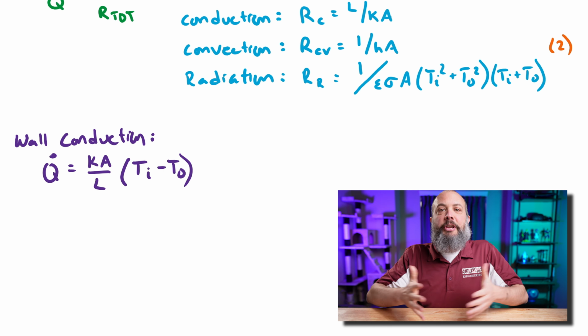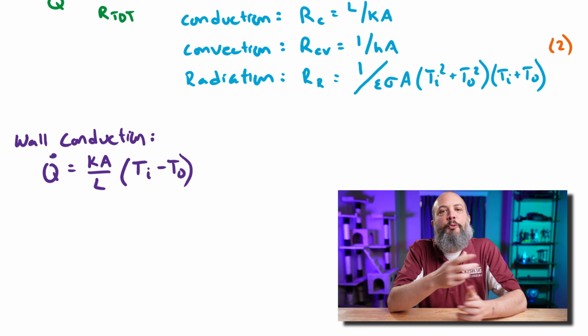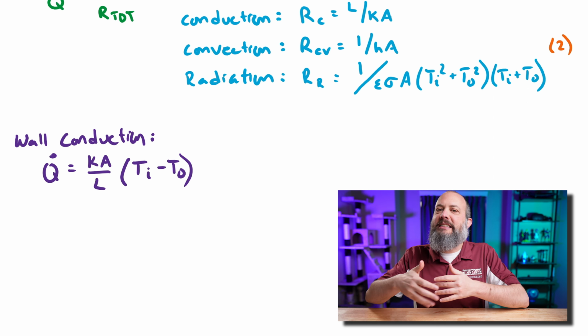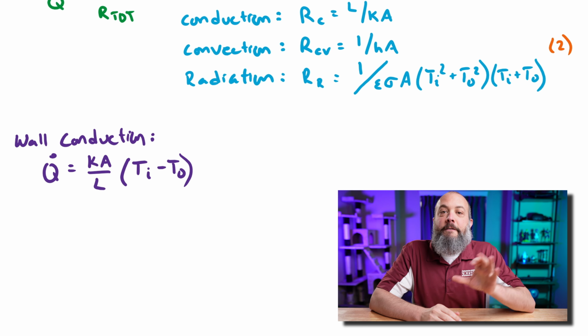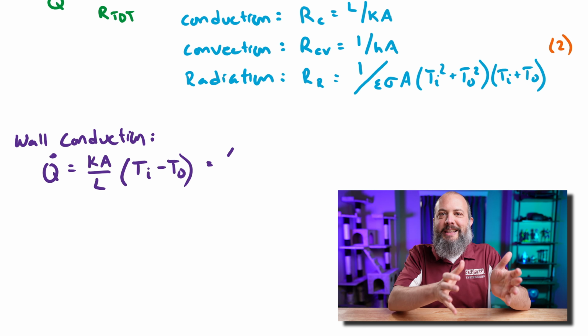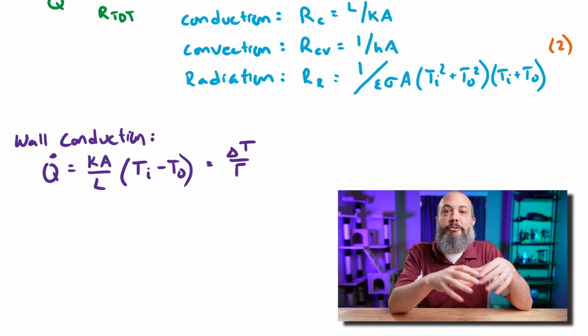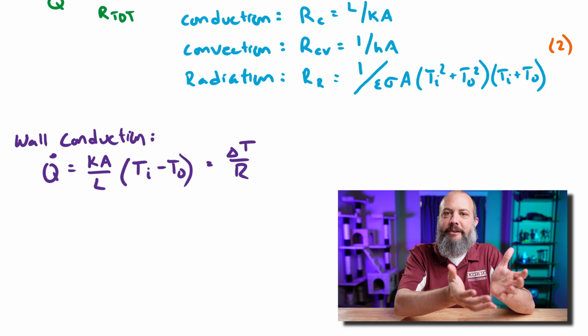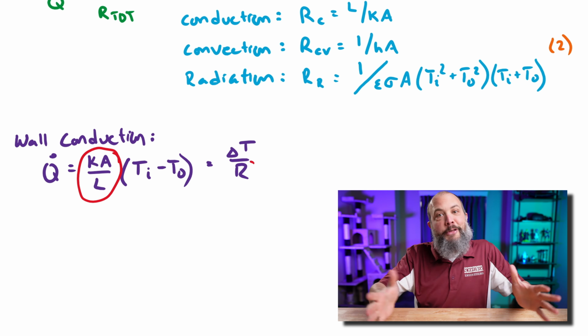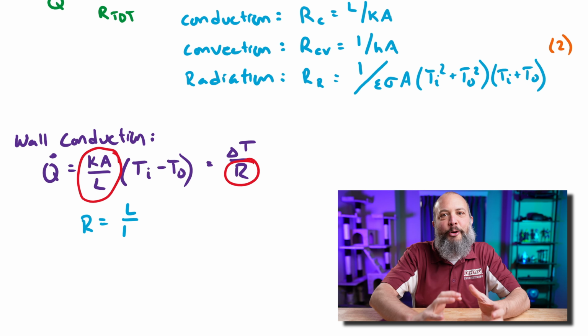And for an electrical circuit, Ohm's law, V equals I times R, we rearrange that as I equals V divided by R. I is current, that's the thing that flows, so that's Q. V is voltage, that is potential. Electrical current goes from high voltage to low voltage. And in heat transfer, heat goes from high temperature to low temperature, so temperature is your potential, that's your numerator. And electrical resistance is the denominator R, so in heat transfer, that's basically everything else. All of your K, area, length, H, like everything else in your heat transfer equation, that is your thermal resistance.